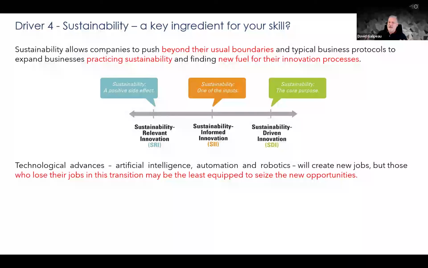When we look at sustainability from a business standpoint, it's basically business continuity: will your business survive over the next 5 to 10 years with all these pressures coming from government, investors, and consumers around sustainability?